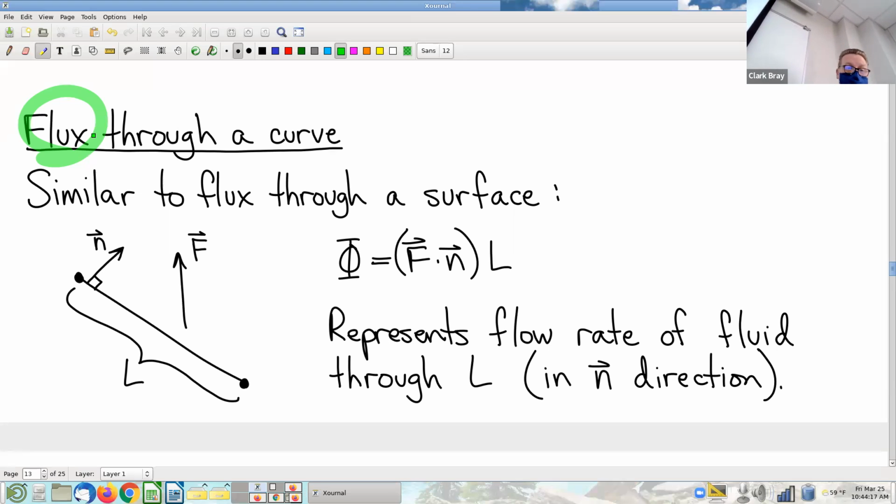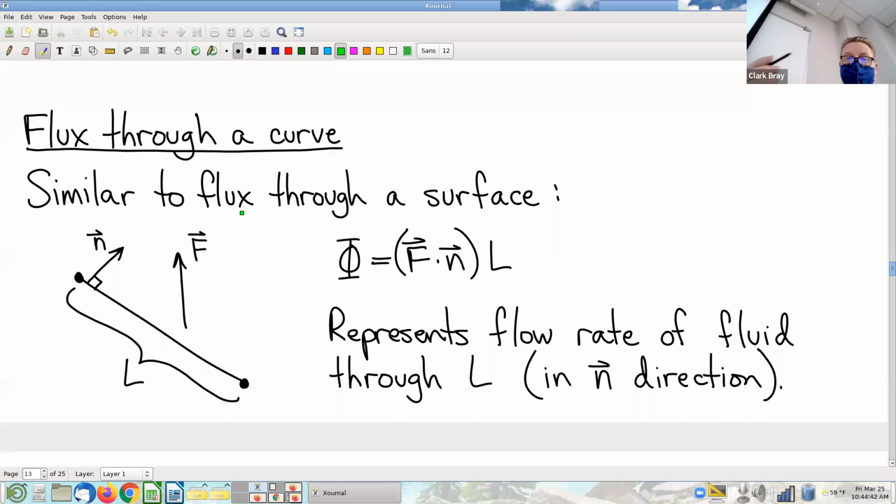So here we're going to talk about what's morally the same idea, just in 2 dimensions. So flux through a curve. So forget about the 3-dimensional world. Just think about a fluid flowing along a surface, like maybe we're talking about groundwater on the surface of the earth, or migration patterns of wildebeests. Effectively think of those as being kind of 2-dimensional.